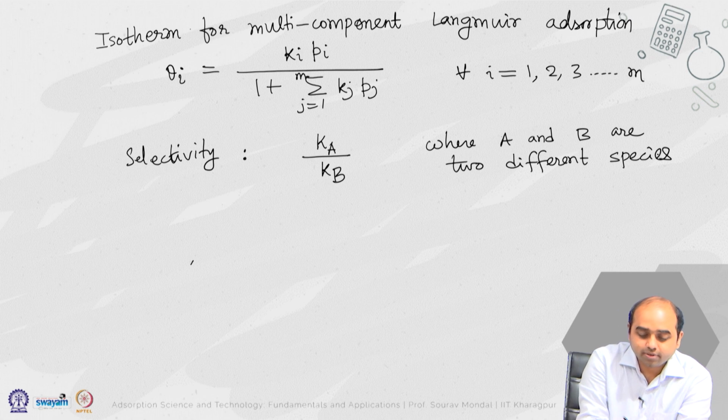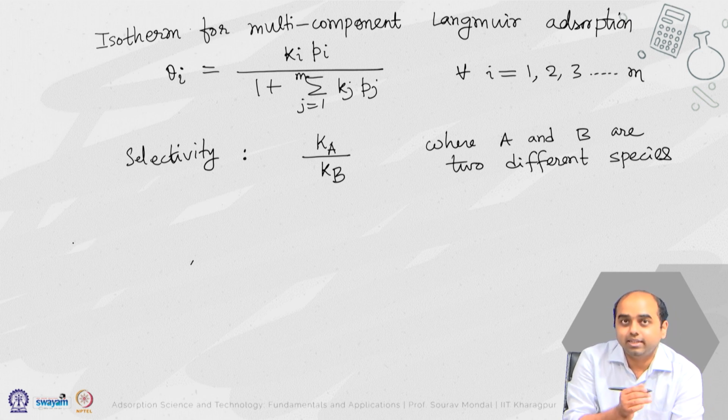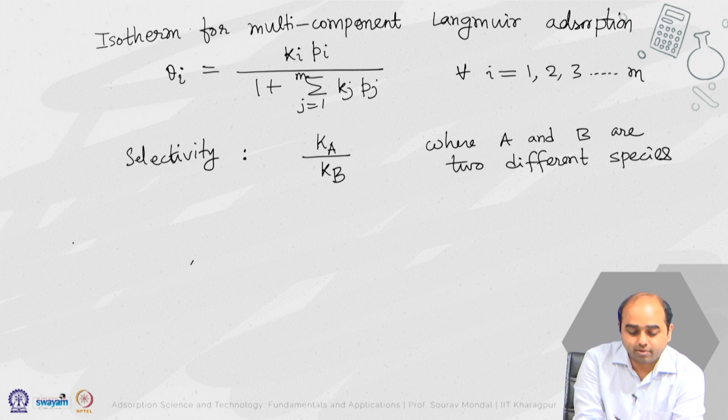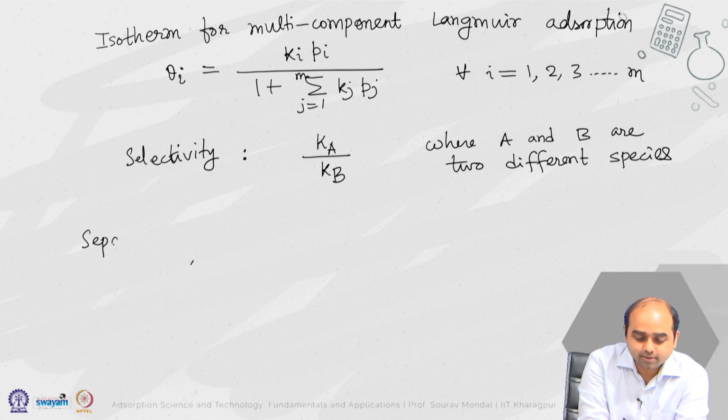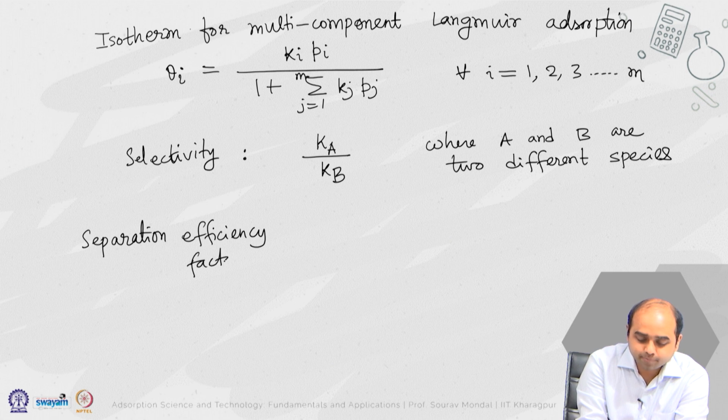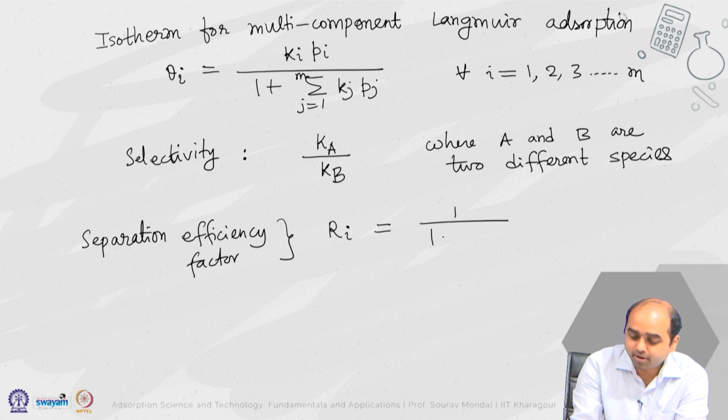In the case of selectivity or the separation efficiency, the separation factor that we have defined for the single component can also be defined here, which would be like 1 plus Ki P0i.